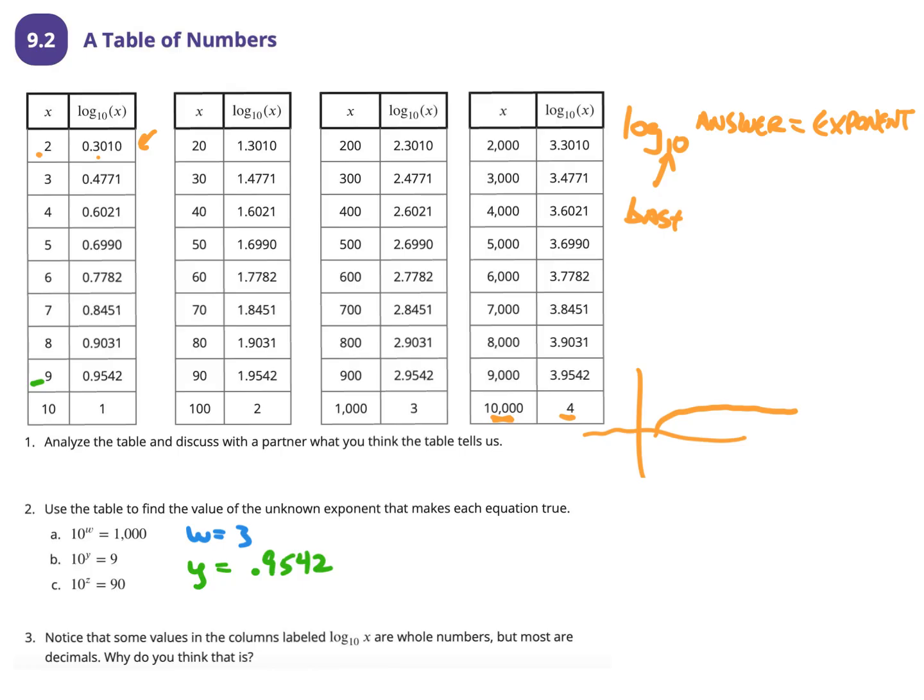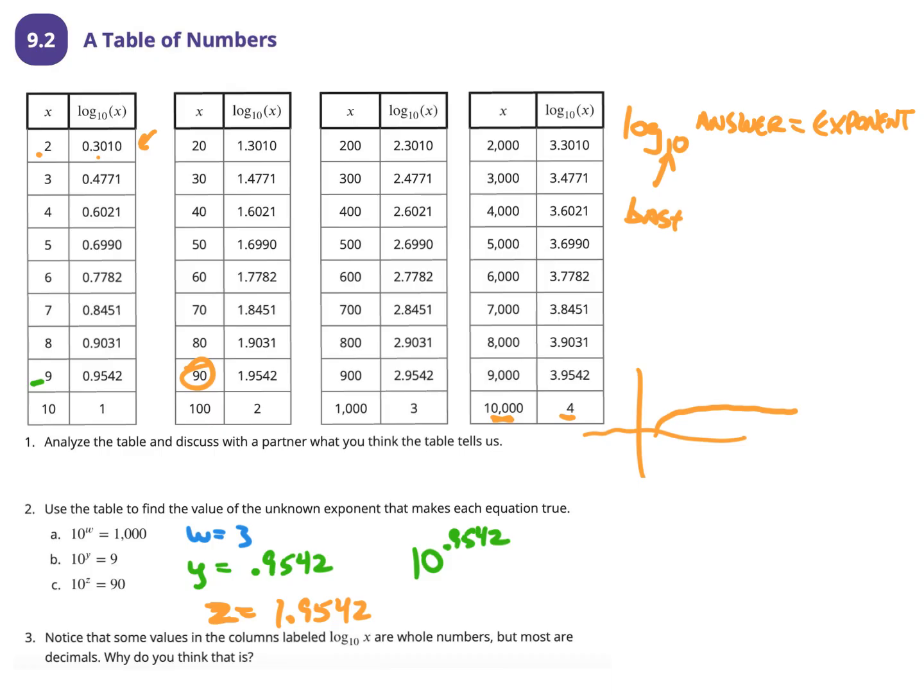So if you put 10 to the 0.9542, you would get really close to 9. You wouldn't be at 9, but you would get really close. And then Z, we look at 90, which gives us 1.9542. If we put 10 to the 1.9542 into the calculator, we would get real close to 90.